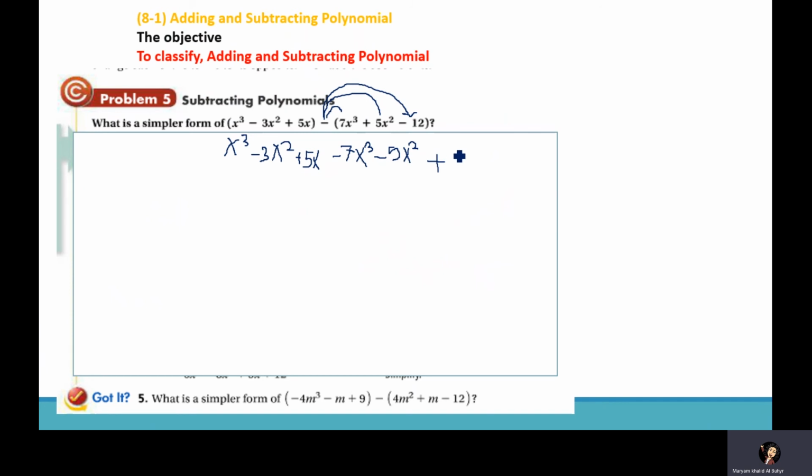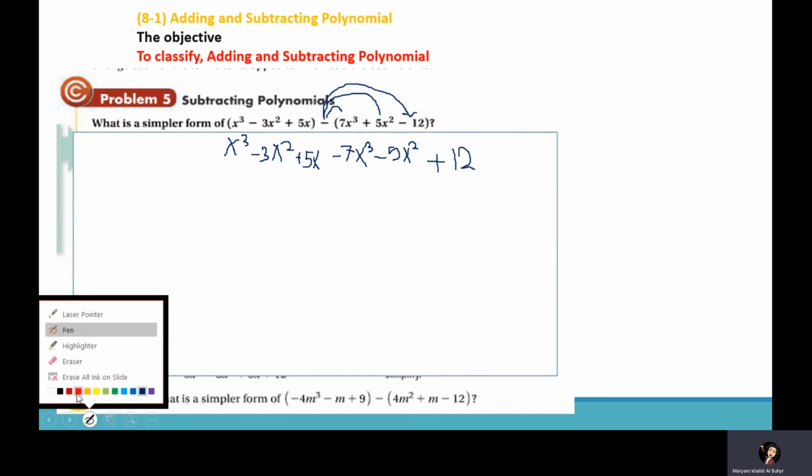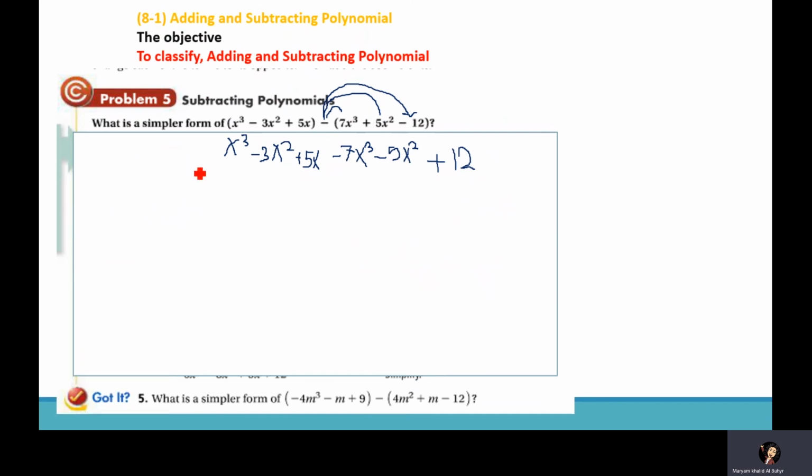Minus minus, it will be plus 12. Now deal with it exactly the same as addition. This is easier than doing anything else. So just take this one with this one. They are like terms. So x, the coefficient is 1 here. So 1 and negative 7, that will be negative 6x to the power 3.